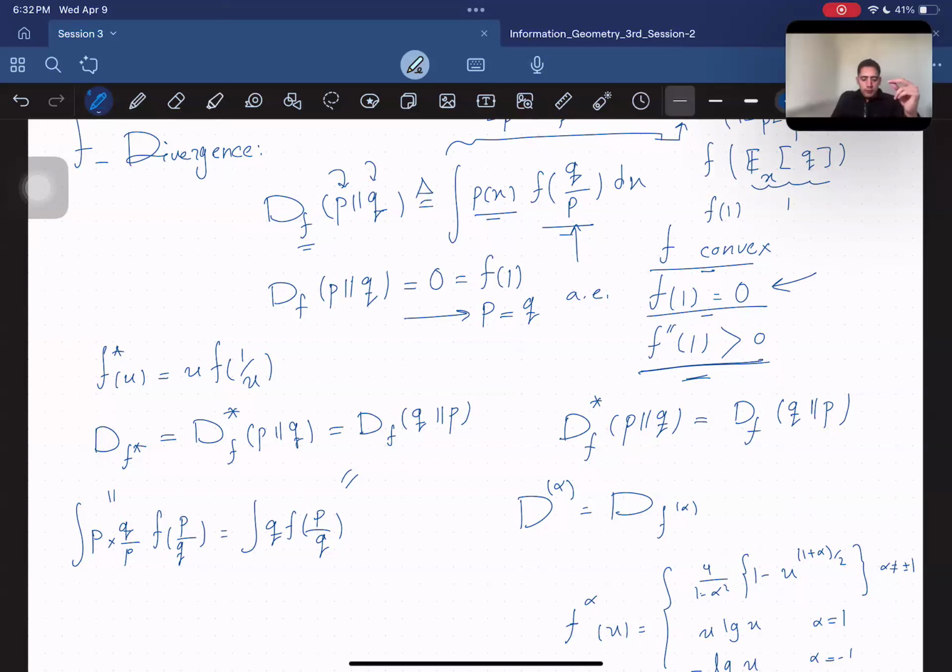Then if you define the dual of F as this, which any one of you who has taken convex optimization knows that F star is nothing but the Legendre transform of F, it would give you the same dual divergence.